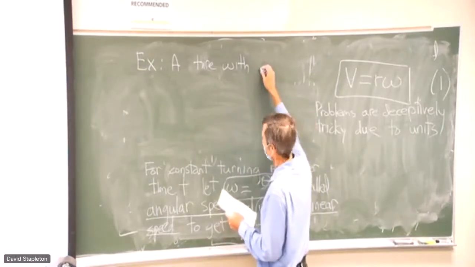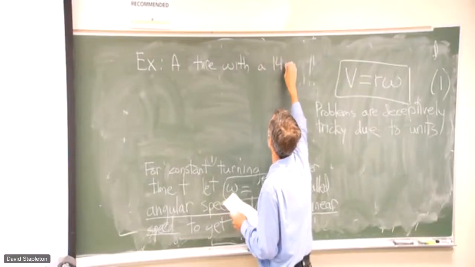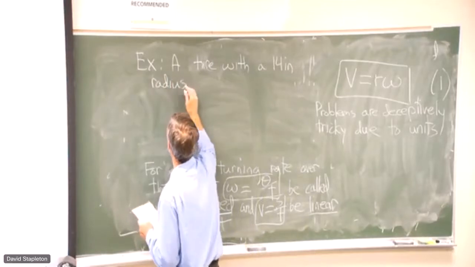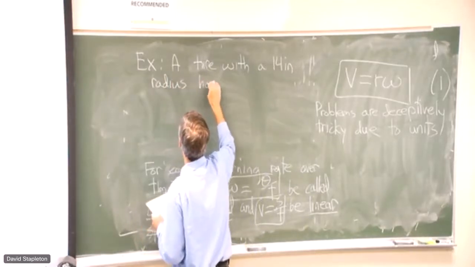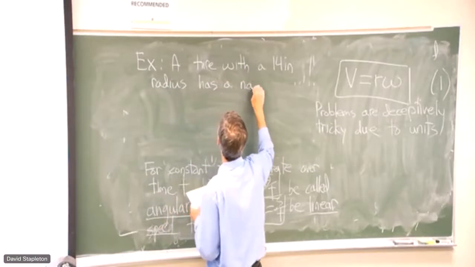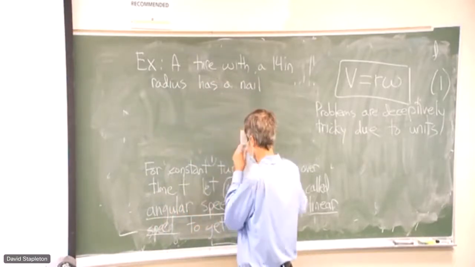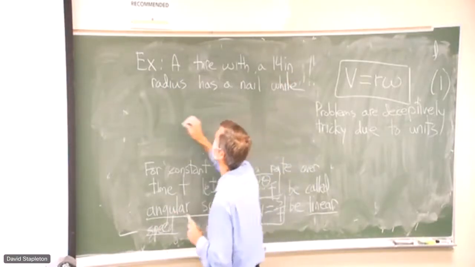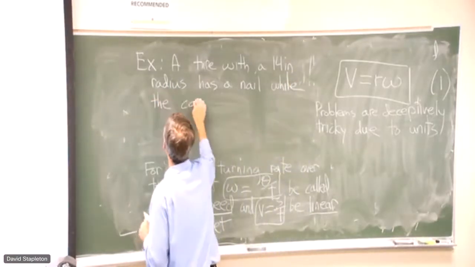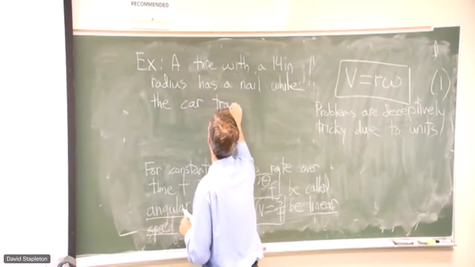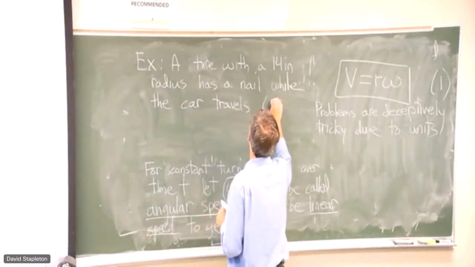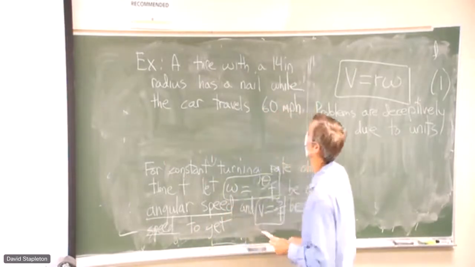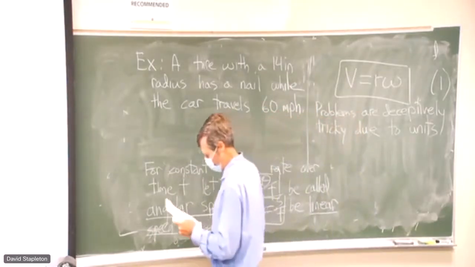So a tire with a 14-inch radius has a nail in it, while the car travels at 60 miles per hour. MPH is a common abbreviation for that, right?